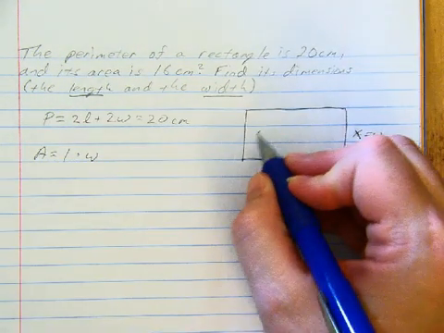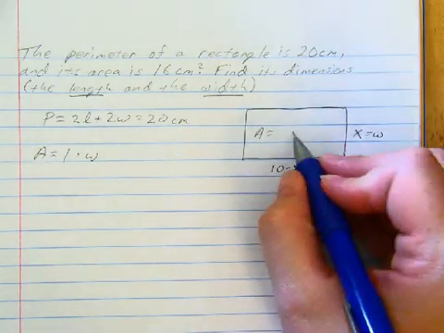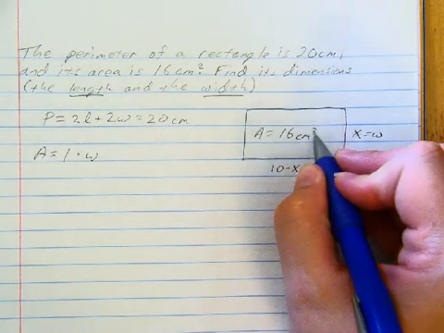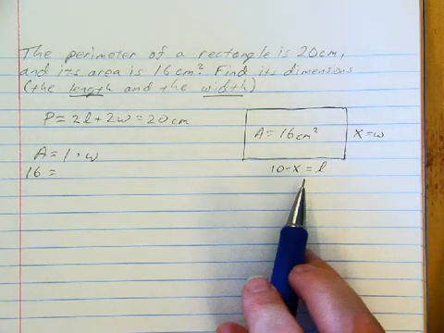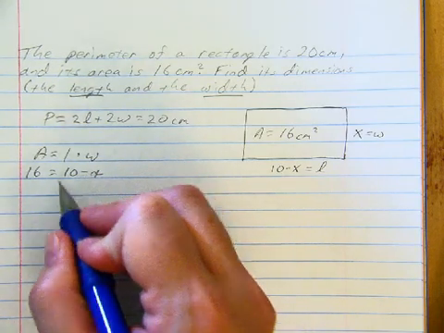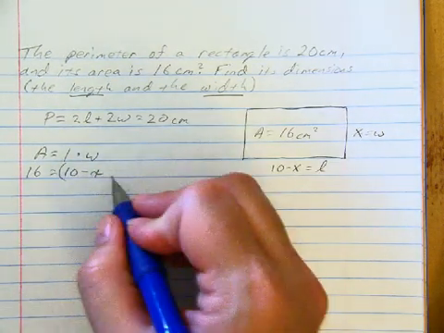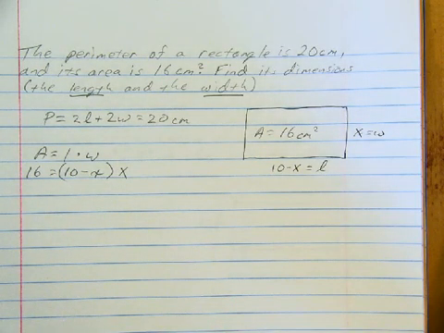And we know that our area equals, what did they tell us? 16 centimeters squared. So we're going to say 16 equals the length, which is 10 minus x, times the width, which is x. Okay, so now we have our equation set up so that we can solve for x.